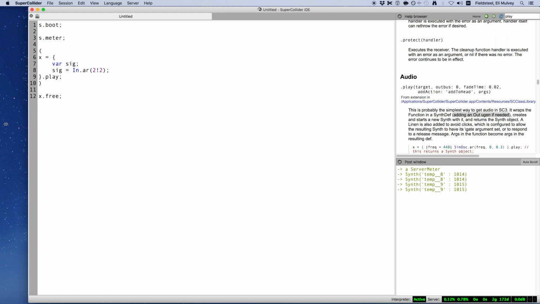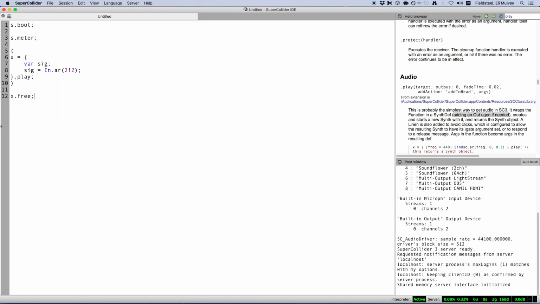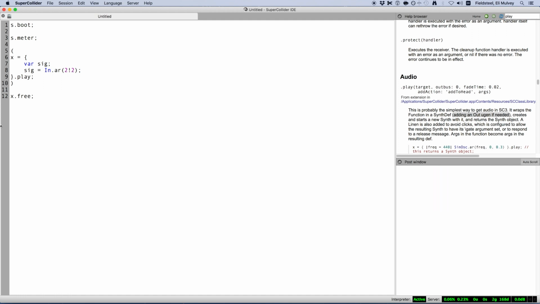However, it's better to use SoundIn instead of In for grabbing a microphone signal. And the reason for this is because In is less likely to be consistent across different computers. For example, let's say you write some microphone code and send it to someone else, and that person has a different default server configuration.